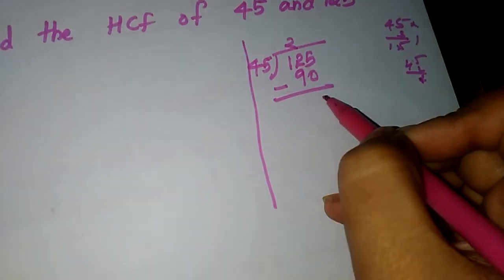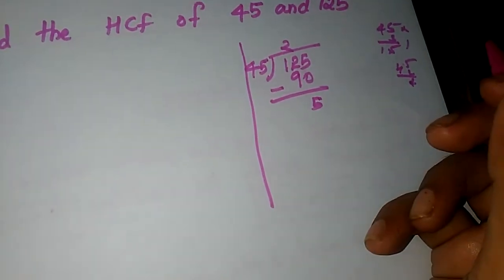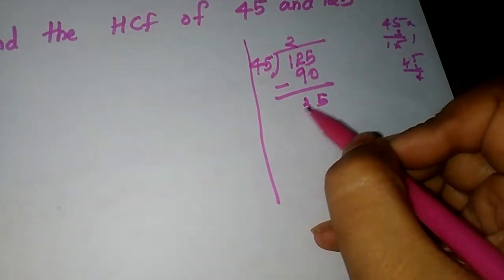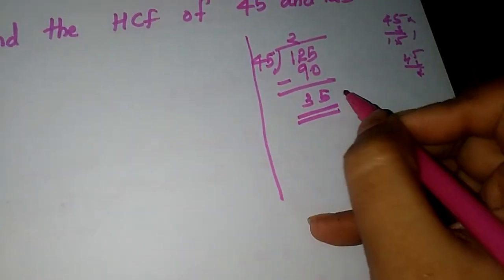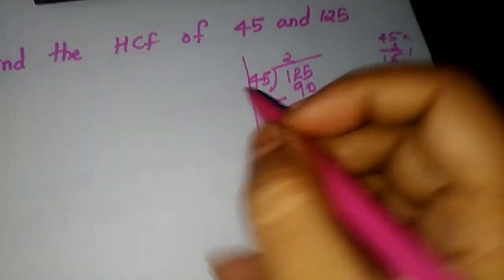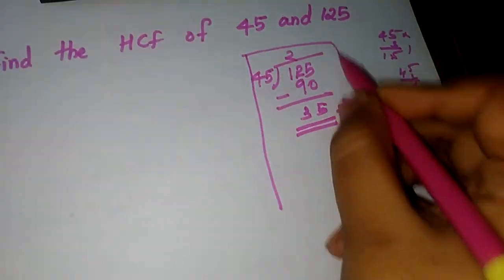You subtract this and get 35 as the remainder. This is the first step.